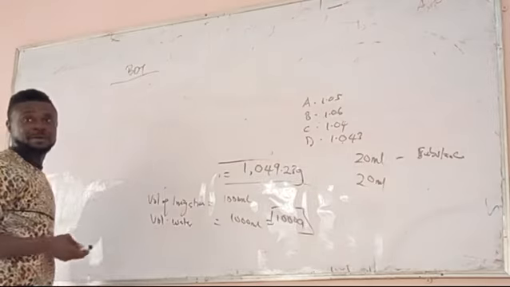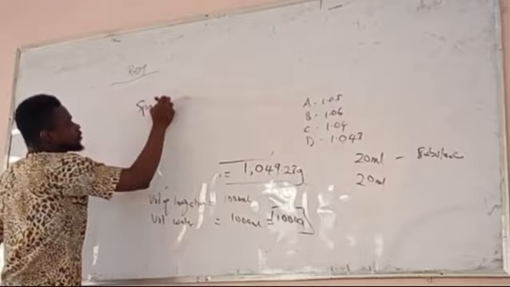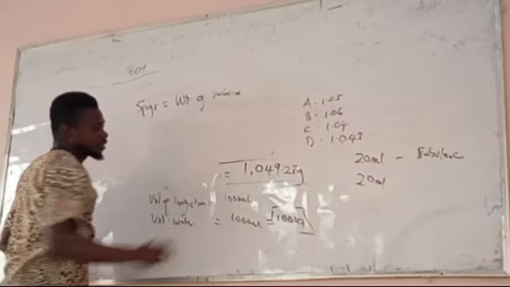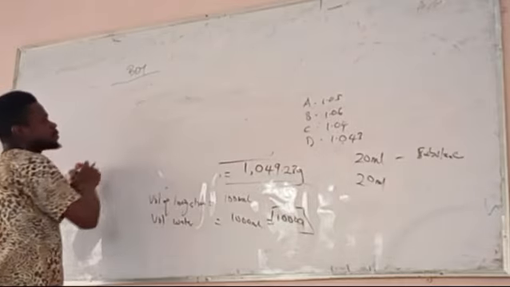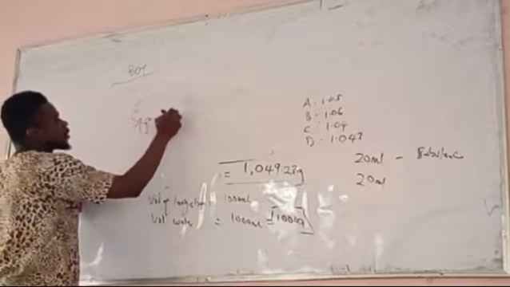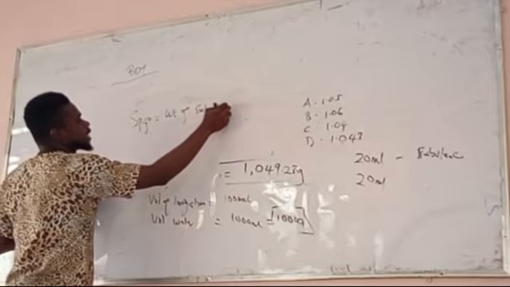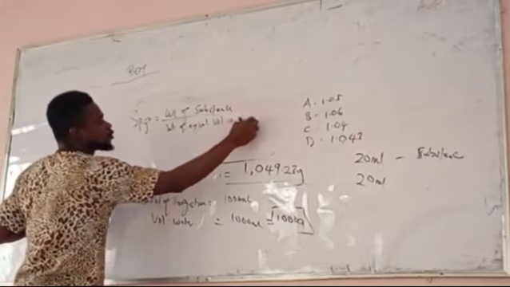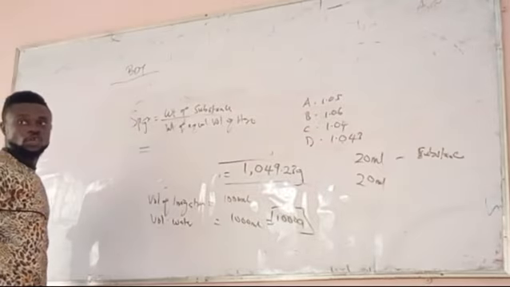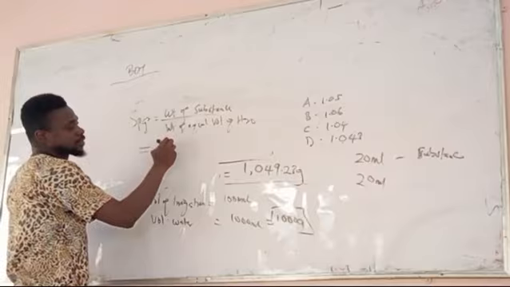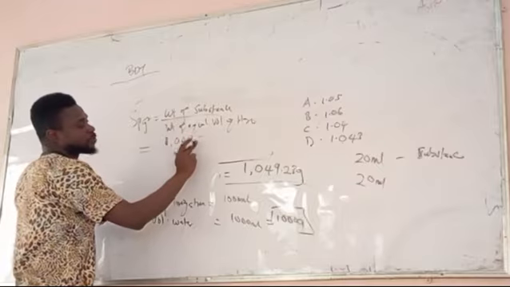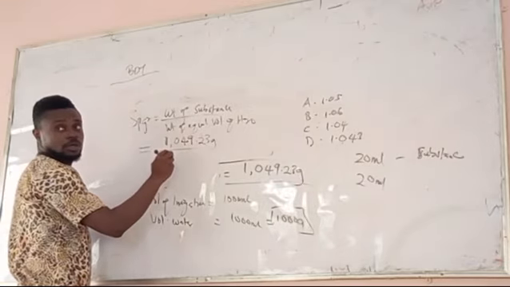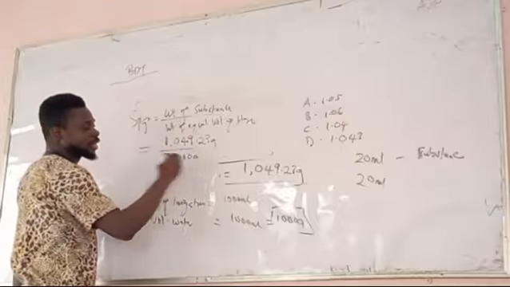Specific gravity is weight of substance over weight of equal volume of water. From all we have been doing, the weight of substance is 1,049.23 gram, divided by the weight of equal volume of water, which is 1,000 gram.